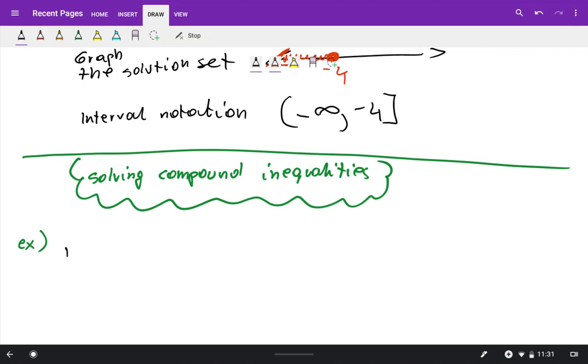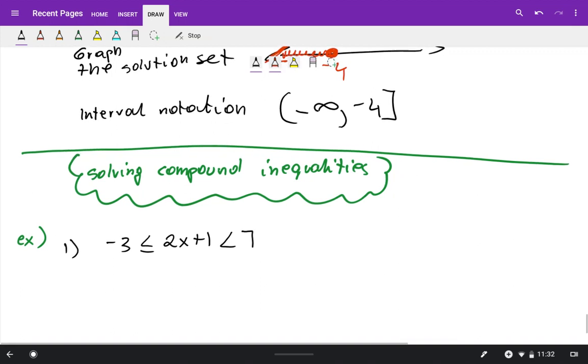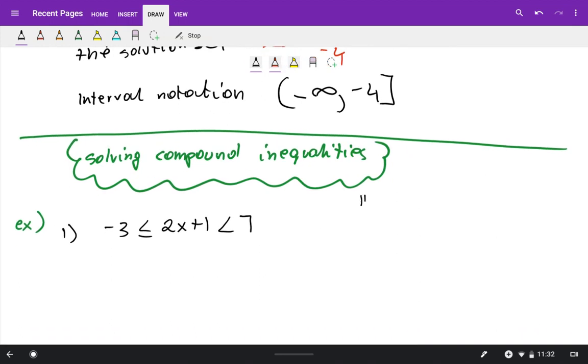Example 1: you have negative 3 less than or equal to 2x plus 1 less than 7. So how do you solve inequalities like that? Let me give you a hint. The hint is to isolate the variable in the middle.